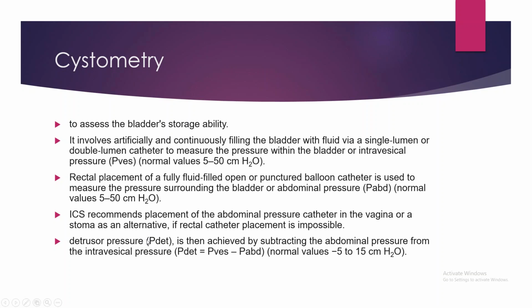There is no direct measurement for detrusor pressure, but it is achieved by subtracting the abdominal pressure from the vesical pressure. The machine will do the calculation and produce a graph. You don't have to do it. Remember well, detrusor pressure is derived by subtracting abdominal pressure from vesical pressure.